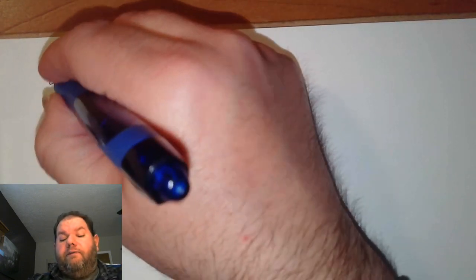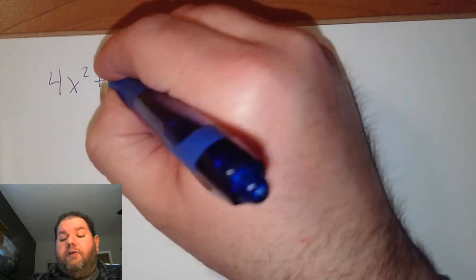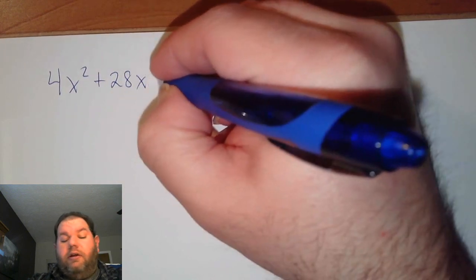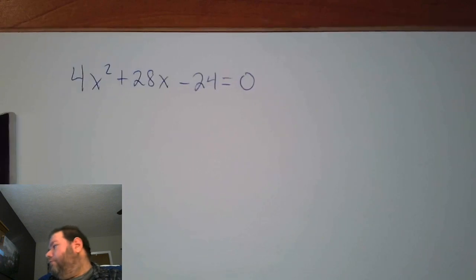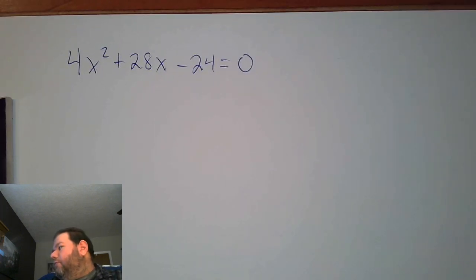So let's see, we have 4x squared plus 28x minus 24 equals 0. And so we look at that expression. Is there a common factor that we can take out?